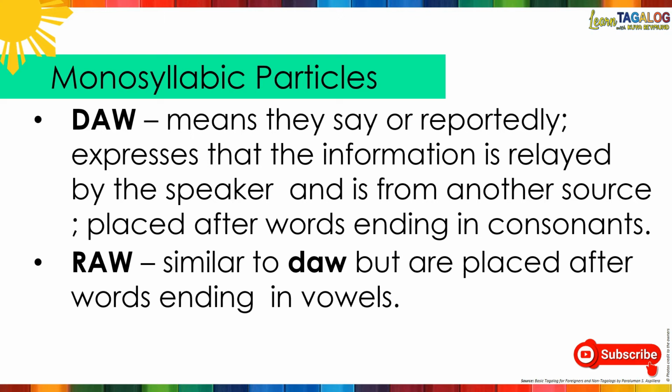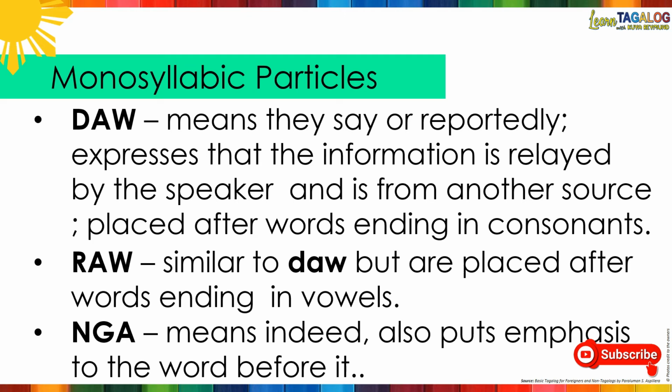We also have our particle raw, which is similar to daw, but is placed after words ending in vowel. So that is how daw is different from raw. We also have our particle nga. This means indeed and also puts emphasis to the word before it. So we have our particles daw, raw, and nga.